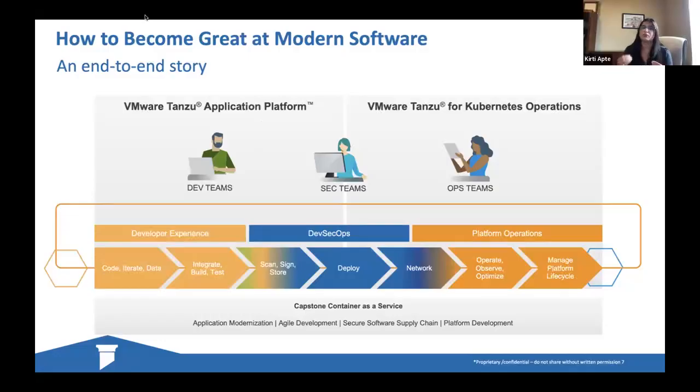There is collaboration, but at the same time, this portfolio is going to keep separation of concerns in mind as well. And to top it off, Capstone Container as a Service is going to further simplify your experience by providing a turnkey application modernization solution, which is based on VMware Tanzu, to accelerate your app delivery as well. And we are going to have a deep dive into that as well.